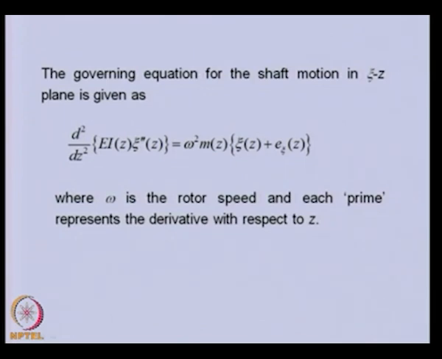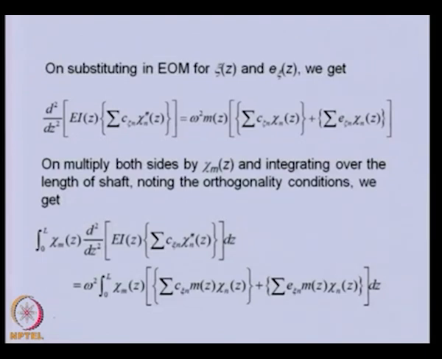Now we will substitute the eccentricity, which we expressed earlier in the form of a series, and also the response in the form of a series, in this equation of motion. Here we have substituted the response, and because it contains a double derivative and this is constant, the double derivative will act on the eigenfunction. Here this is the response and this is the eccentricity expansion, and all the summations vary from 1 to infinity, so for all the possible modes of the continuous system.